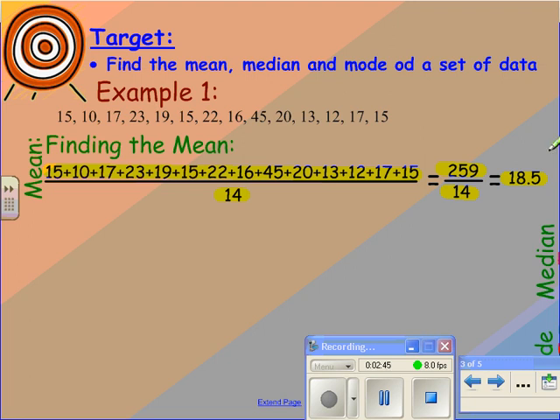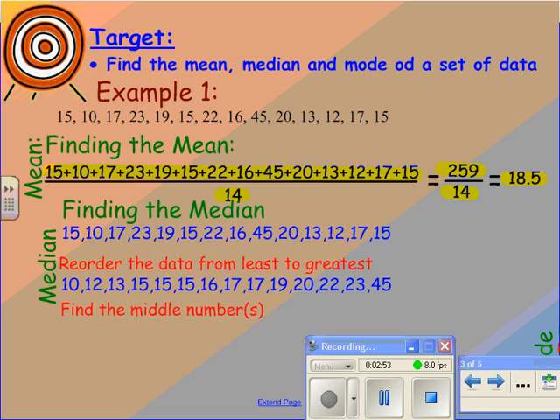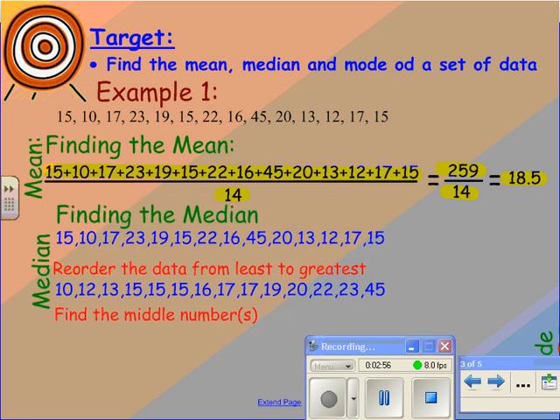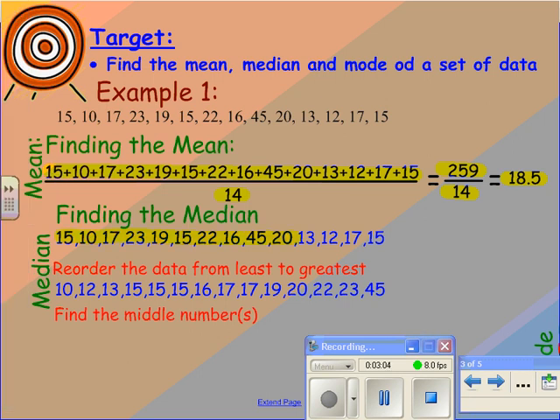Then the next thing is to find our median. According to our rhyme, the median was the middle number. We start with our raw data, and the first thing we have to do is reorder all of that data from least to greatest.